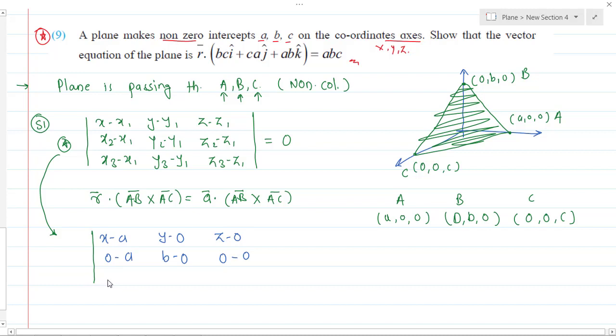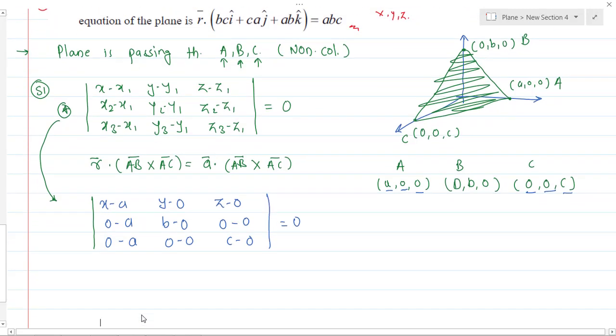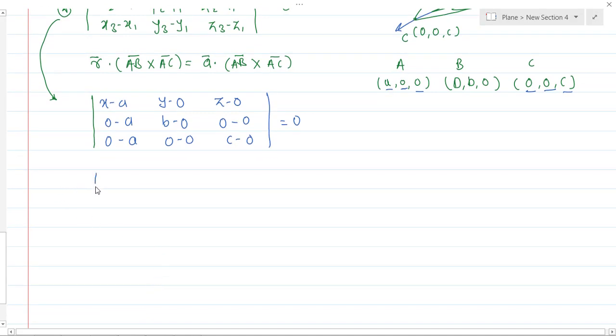Next we have x3 minus x1: x3 is 0, 0 minus a; y3 minus y1 is 0 minus 0, and z3 minus z1 is c minus 0. And it is equal to 0. Now let's open this determinant and what we will get is x minus a into b into c, that is abc, minus we have the multiplication as 0.